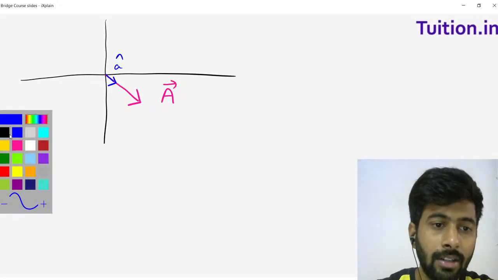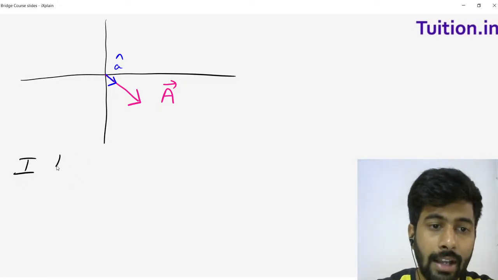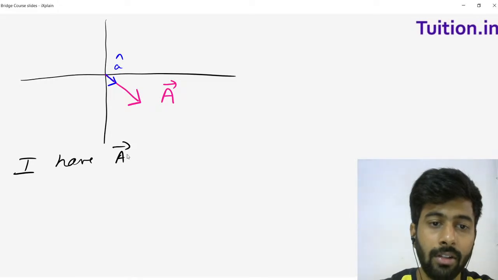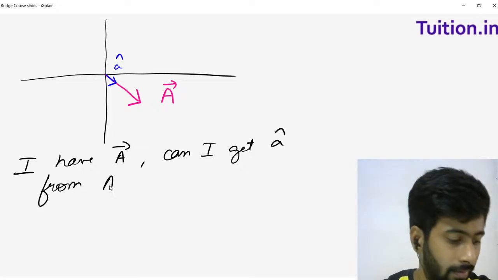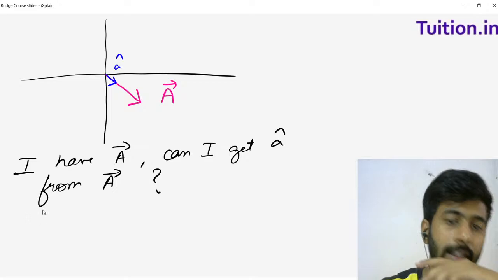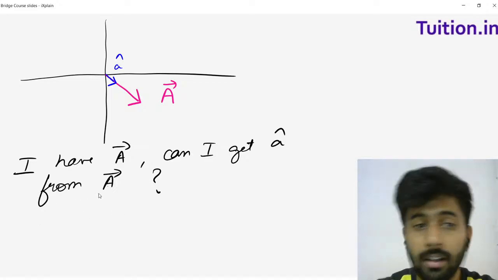So this time the situation is reversed. I have a bar. Can I get a cap from a bar? Yes, we can. Akshat is right.